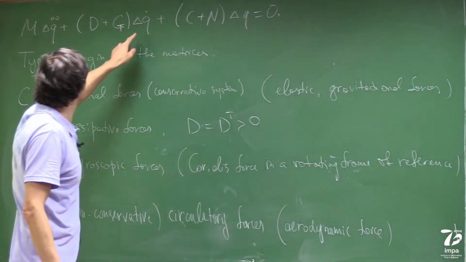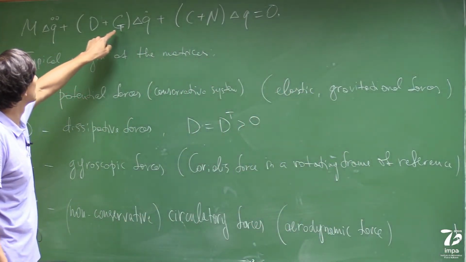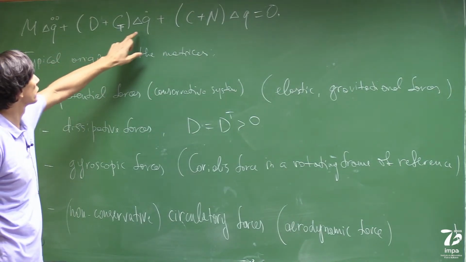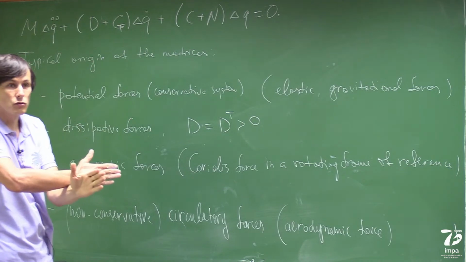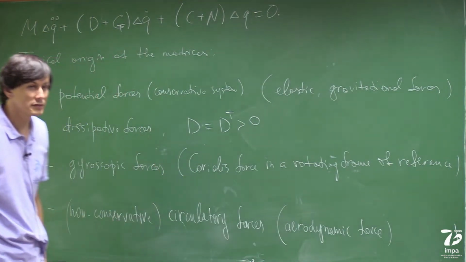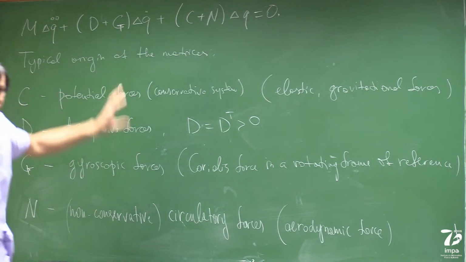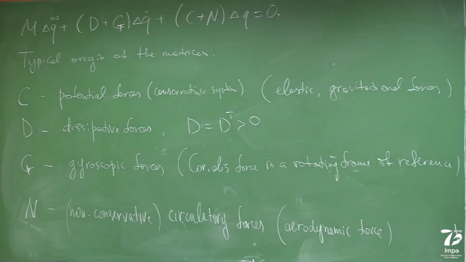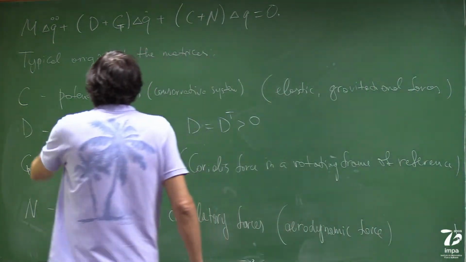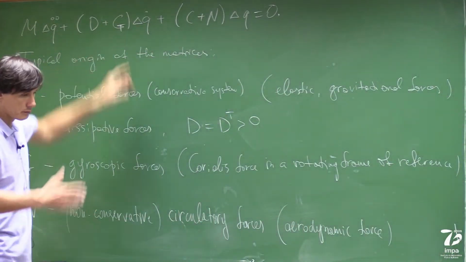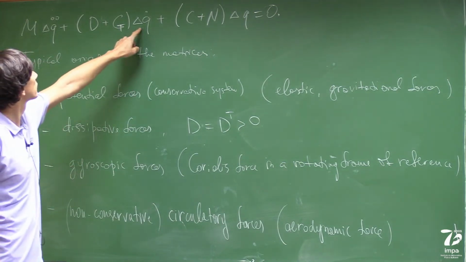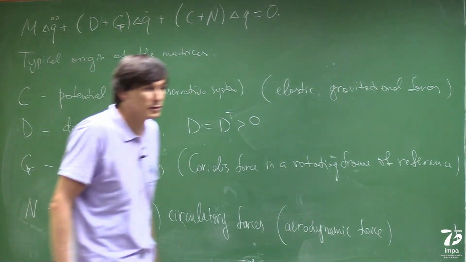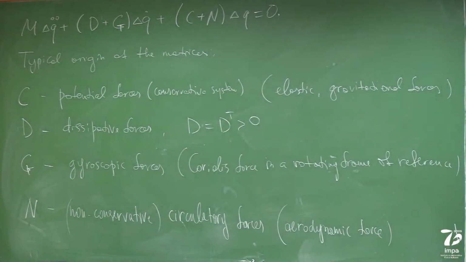And so it depends on velocity. The fact that it's antisymmetric means that the force will be perpendicular to your motion. We will just derive it. So the antisymmetry is related to the fact that it's perpendicular to your motion, and the fact that it comes in this term is because it only acts on a moving body.